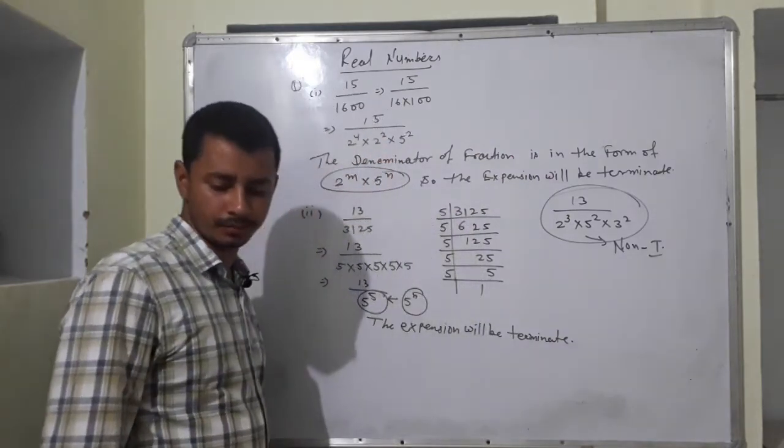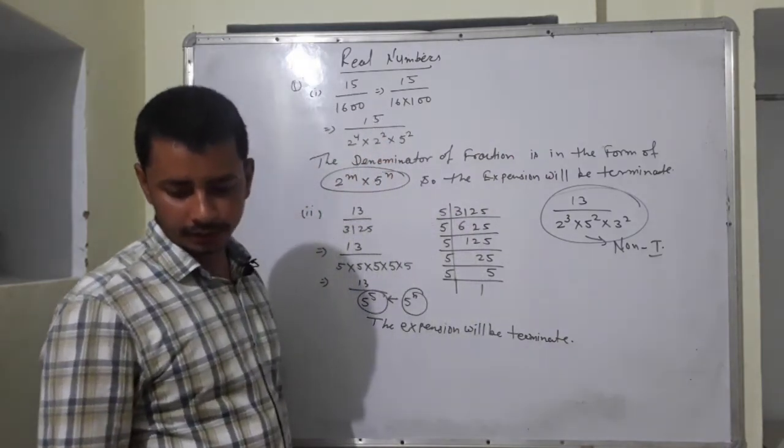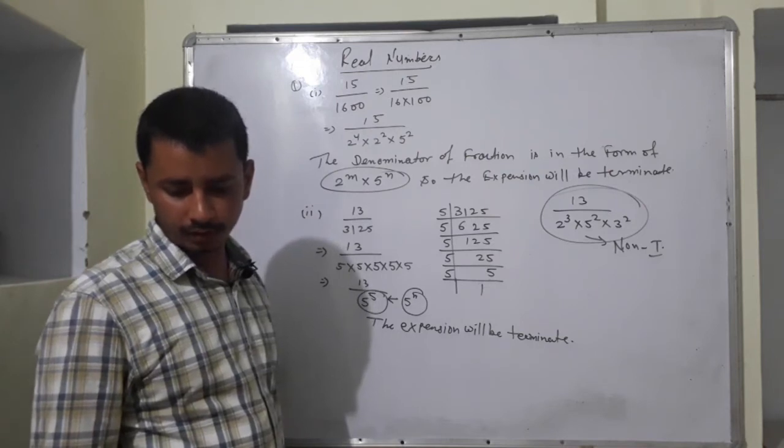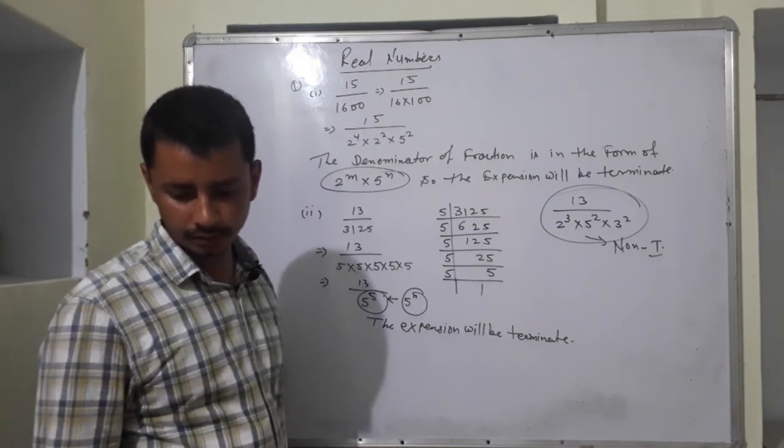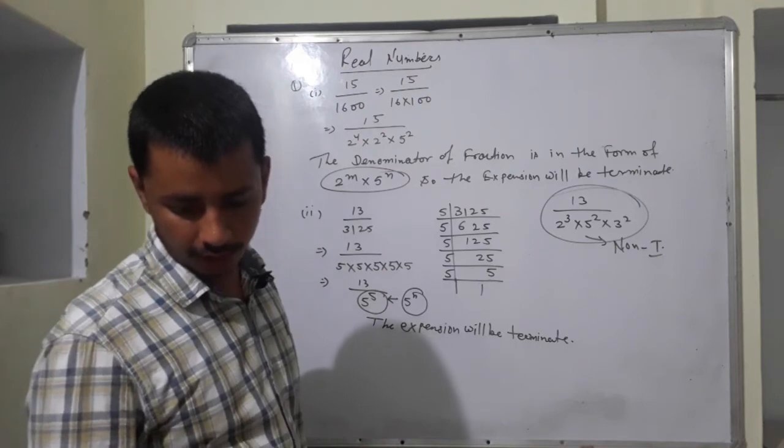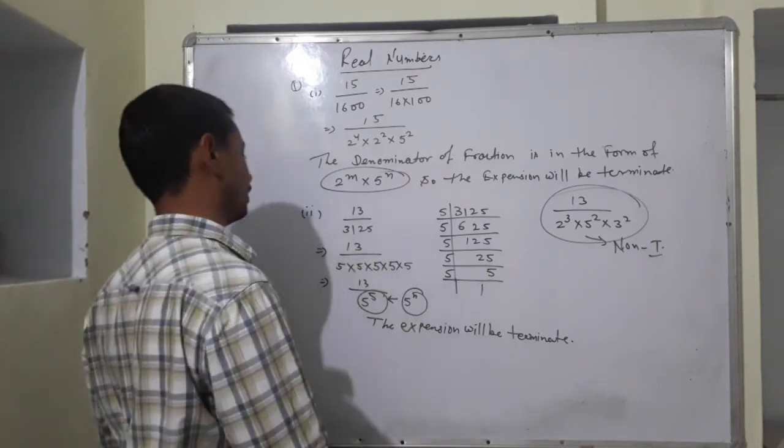Second question is, write the decimal expansion of the following rational numbers and decide whether they are terminating or non-terminating.